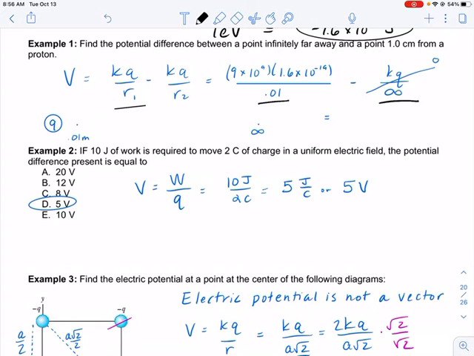I'm going to take 9 times 10 to the 9th times 1.6 times 10 to the negative 19th divided by 0.01, and I'm going to get 1.44 times 10 to the negative 7th volts.